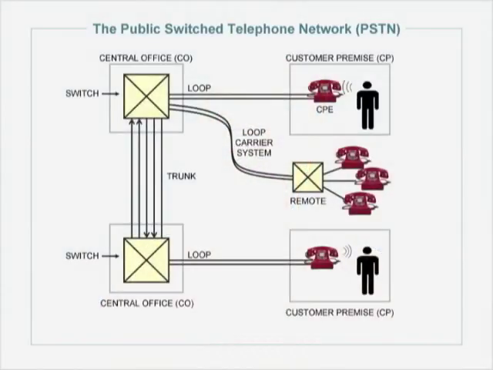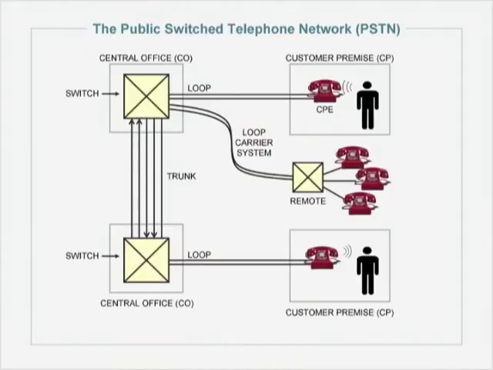module. This is a basic model for the public switched telephone network, the PSTN, where we've got customer premises containing customer premise equipment, and the simplest kind is a telephone that supports POTS, plain ordinary telephone service.